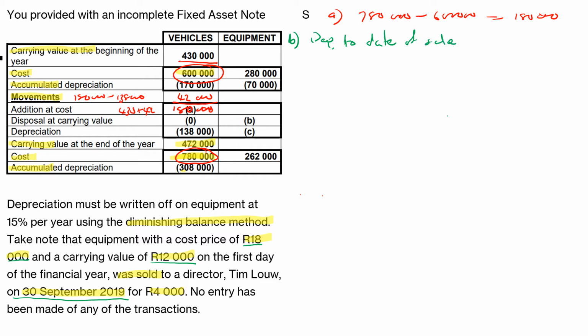Because we're using the diminishing balance method, that will be 18,000 minus 12,000, all multiplied by 15%, times 3/12.